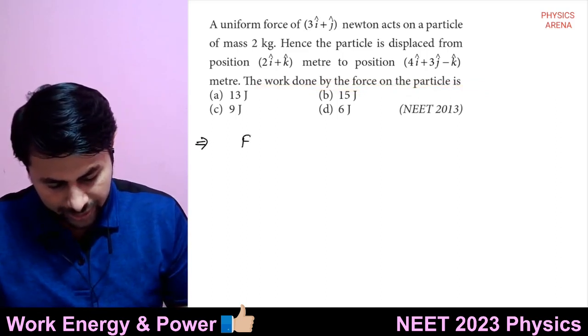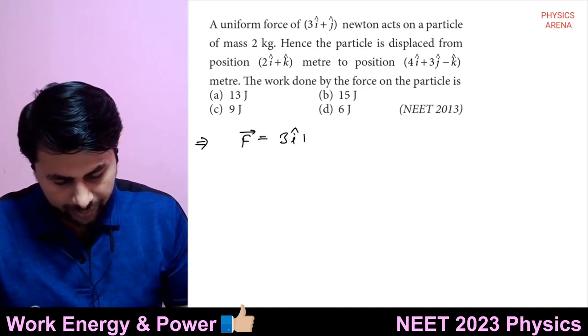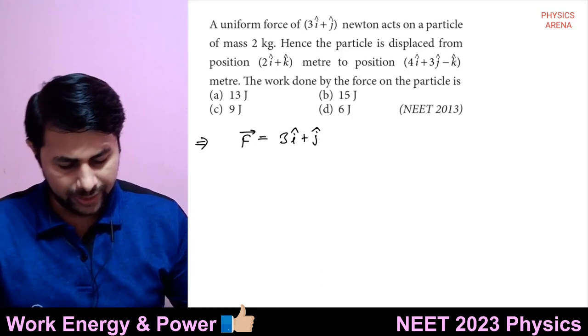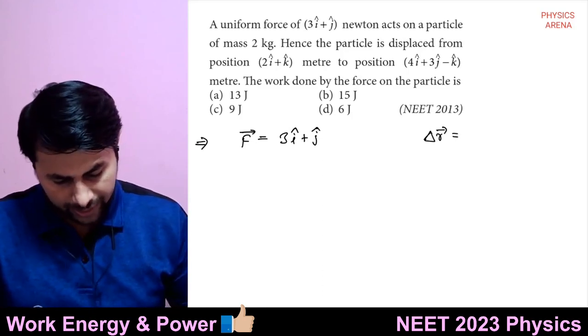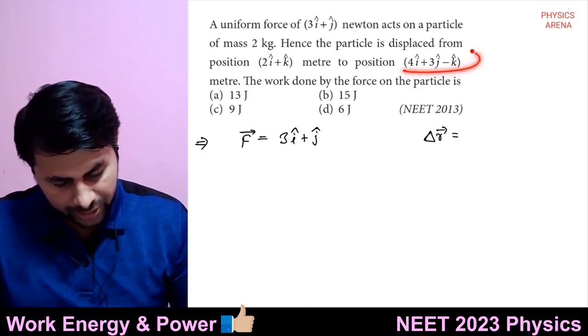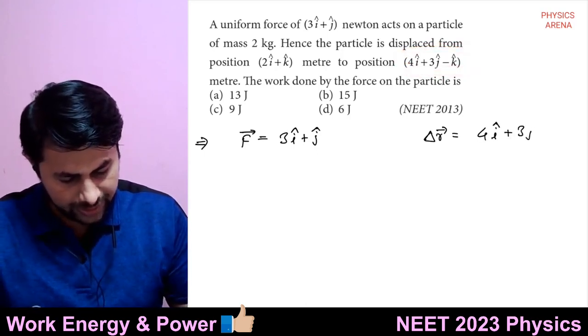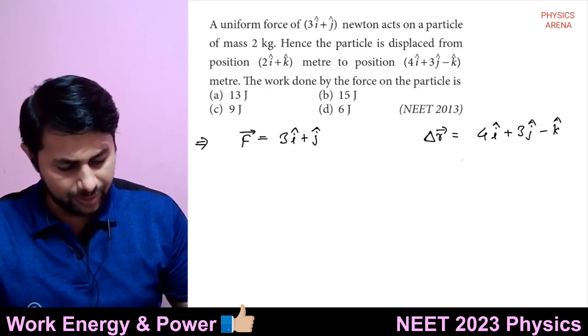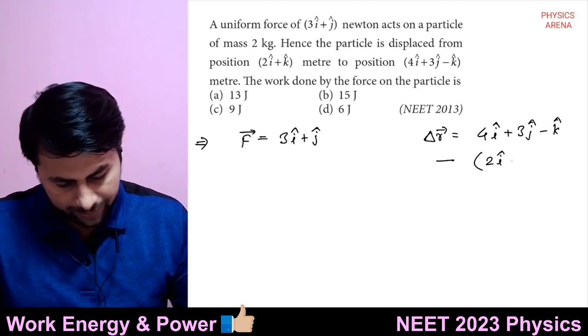Force is given, it is 3i plus j, and how much is displacement? Delta r bar is the final position vector 4 i cap plus 3 j cap minus k cap, minus the initial position vector, which is 2 i cap plus k cap.